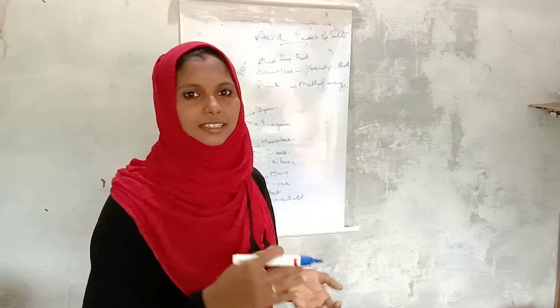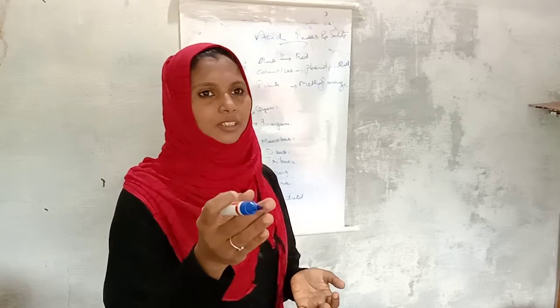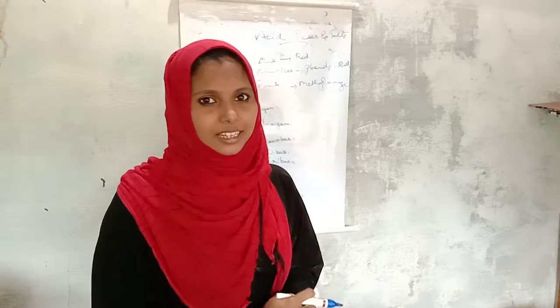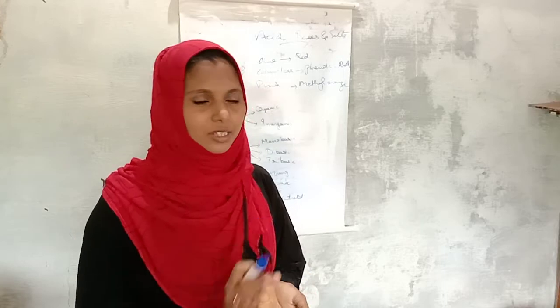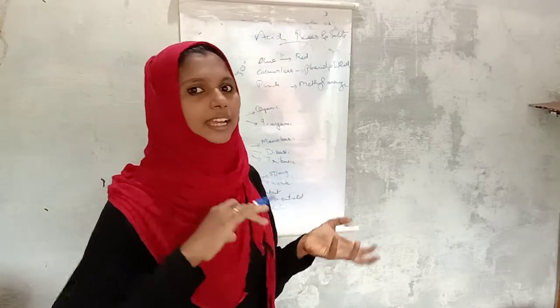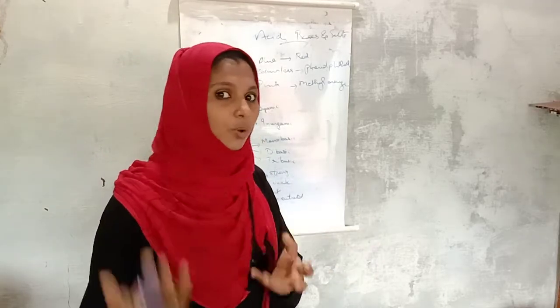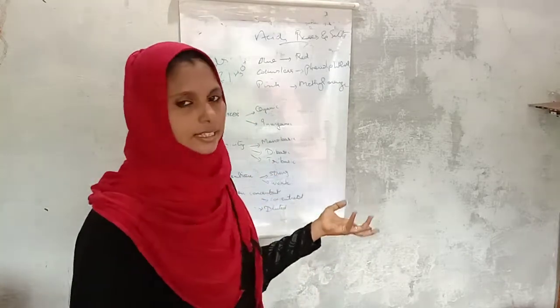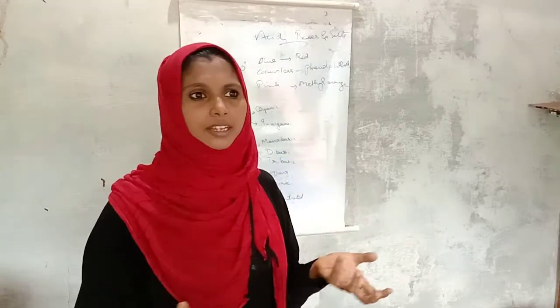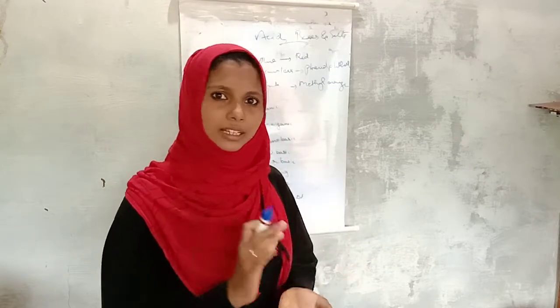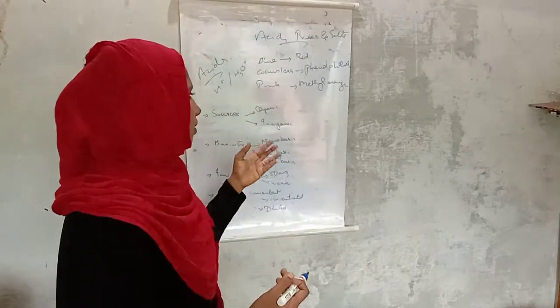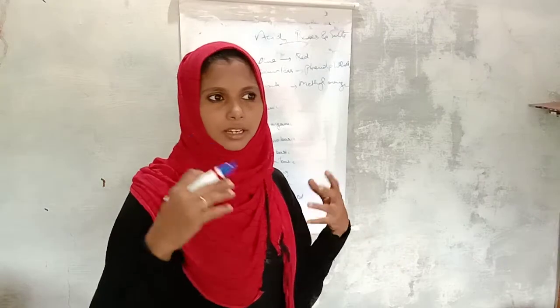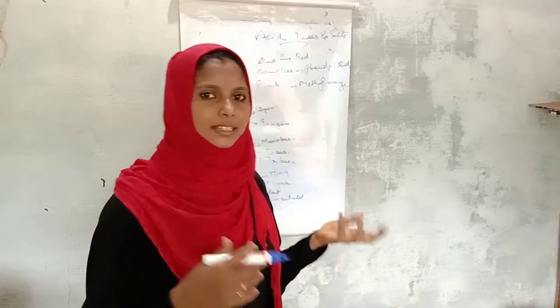Then acetic acid, that is seen in vinegar and so on. That kind of substance, of organic origin, the acids are known as organic acids. And the inorganic acids can be seen in rock or sand, fuel, and such type of acids are known as inorganic acids. The example is HCl, hydrochloric acid and all.